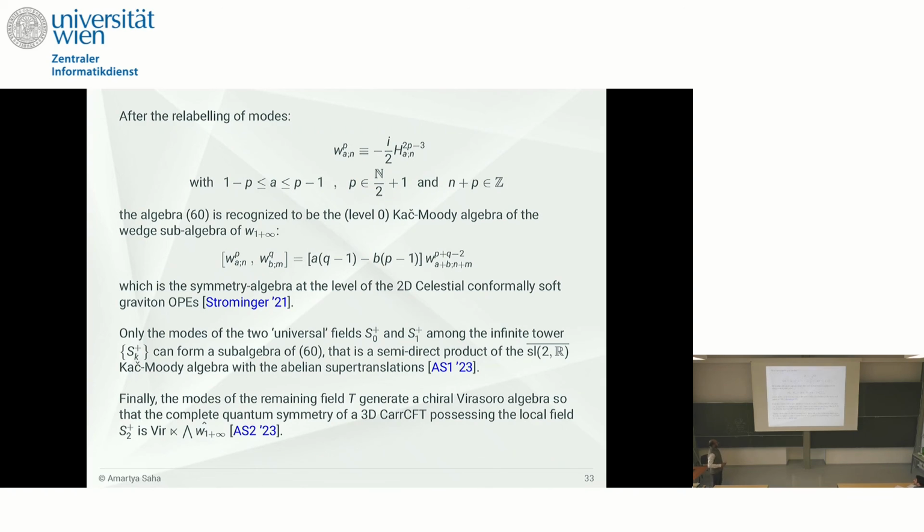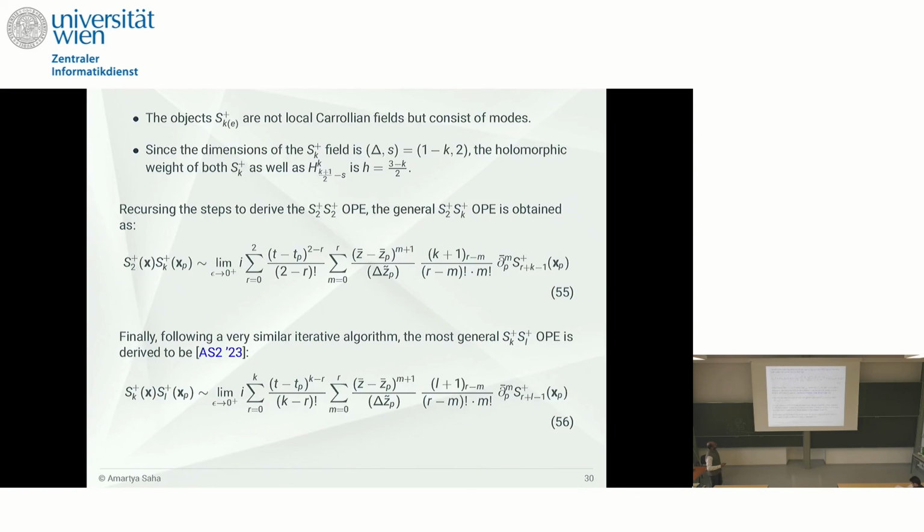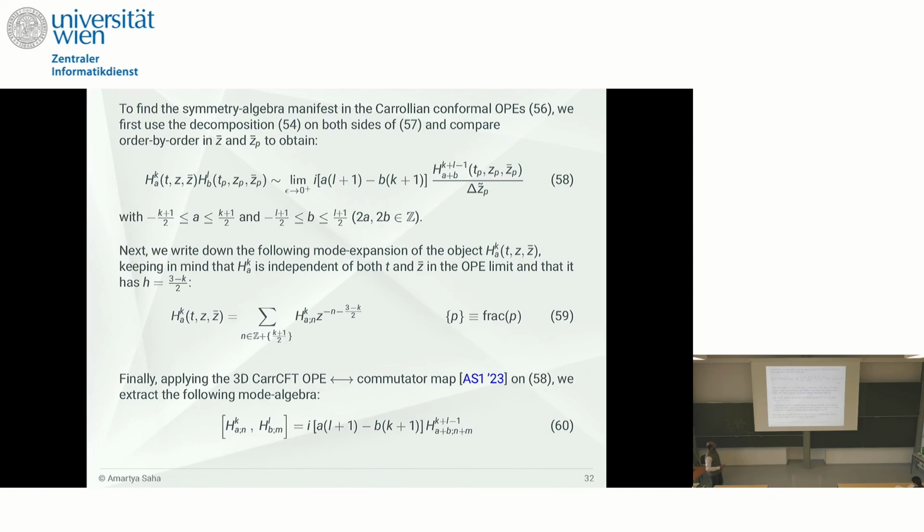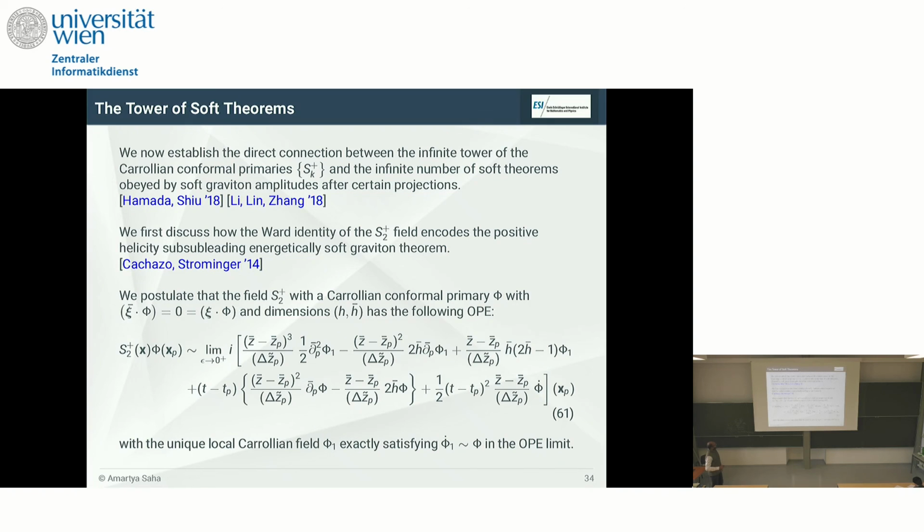Okay, so let me quickly wrap up. Since equation 55 is valid for an infinite number of fields, where k is any integer, mostly positive integers, I would postulate that there is one S2 phi OP like equation 61, where this phi1 field, phi1 dot, is equal to phi exactly in the OP limit.